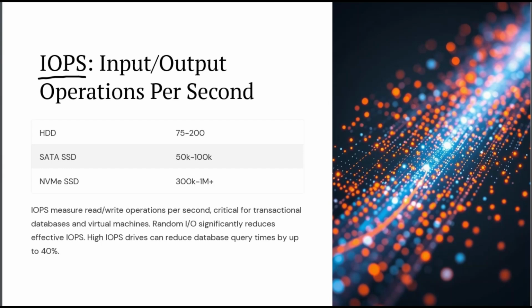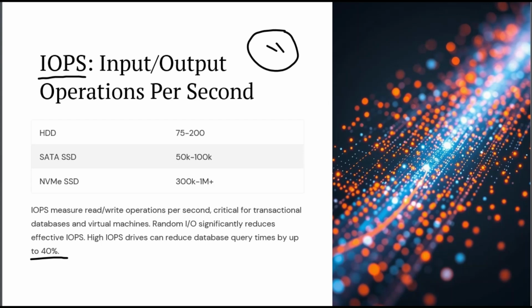Random input output significantly reduces the effective IOPS, meaning performing input output operations at random positions could reduce the effectiveness of IOPS, while drives which offer high IOPS reduce database query times by up to 40%.